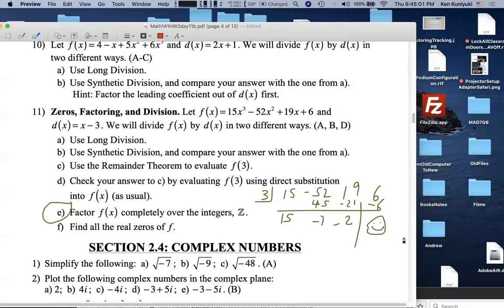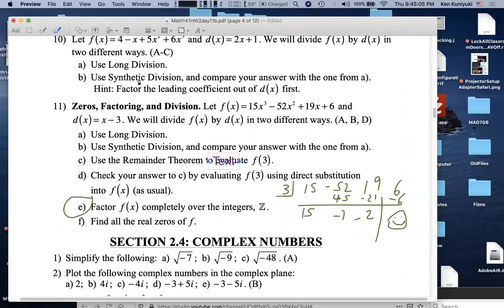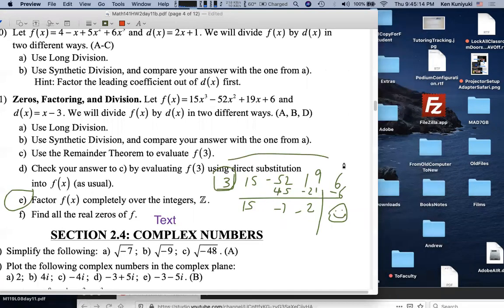Okay, you agree that works? Yes. Okay, now let's do the factorization. This could be a little tricky. Because 3 is a 0, we've established that 3 is a 0 by the remainder theorem, right? F of 3 is 0. If 3 is a 0 and we want a polynomial in x, what's a factor?